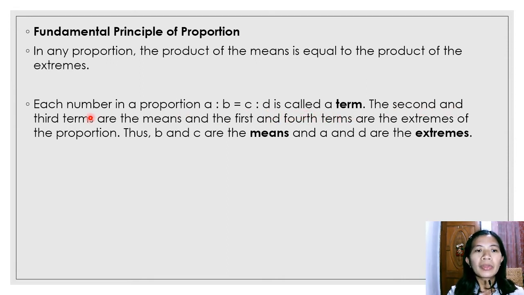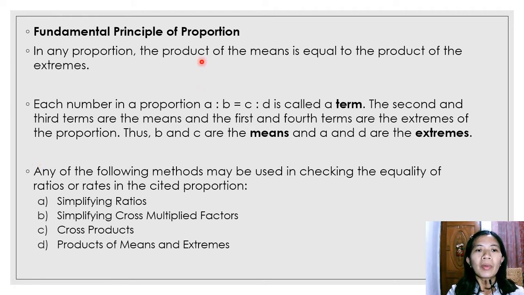The second and third terms are the means, and the first and fourth terms are the extremes of the proportion. Thus, B and C are the means, and A and D are the extremes.